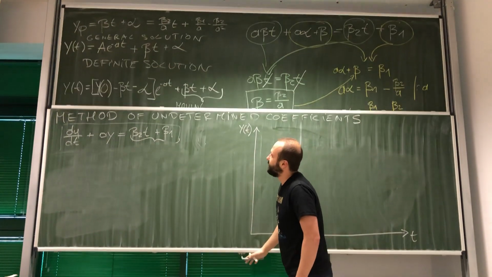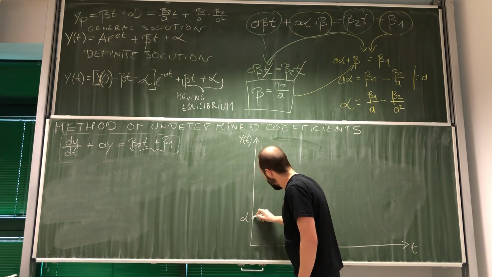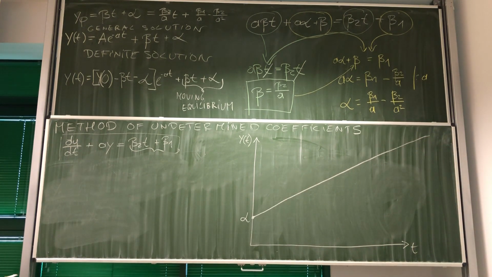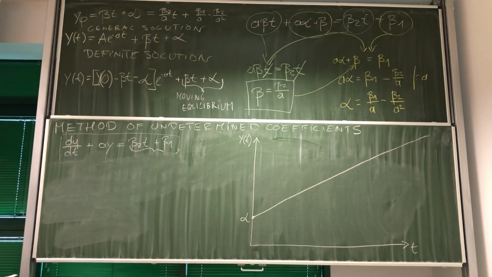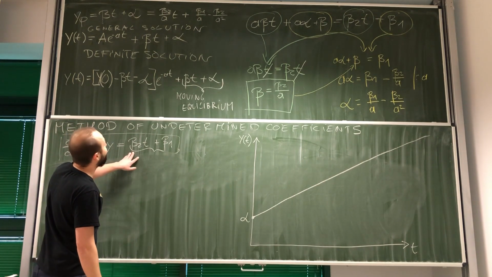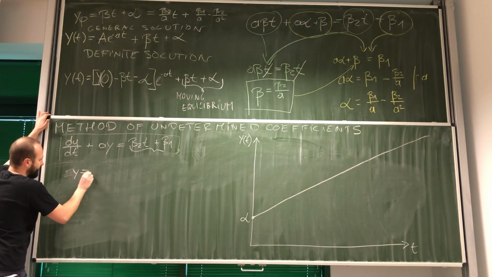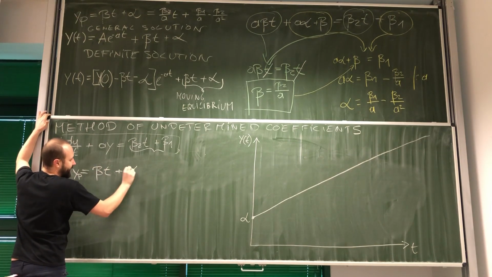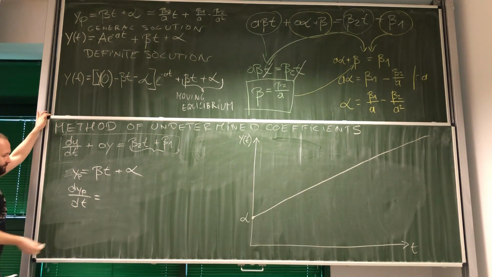Okay, and how should I draw it? Well, it starts at alpha, and it increases with the slope beta. And actually, we can read it from our expression, because if yp is beta t plus alpha, then dyp/dt is of course beta.